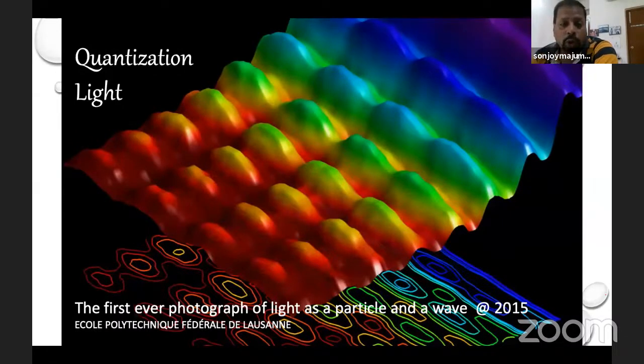But these EPFL people could do it on a nanowire. From the electron emission, they could get both natures together. Those who are interested, maybe look at it. It is a very important and good work. That will give, I think, enough motivation to study the quantization of light.